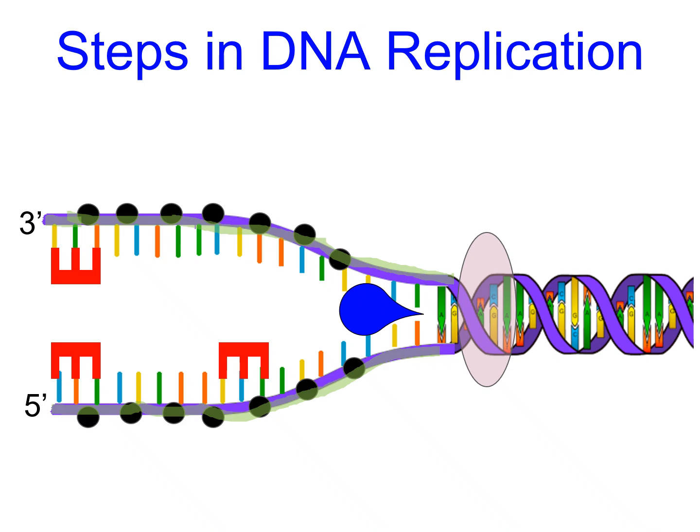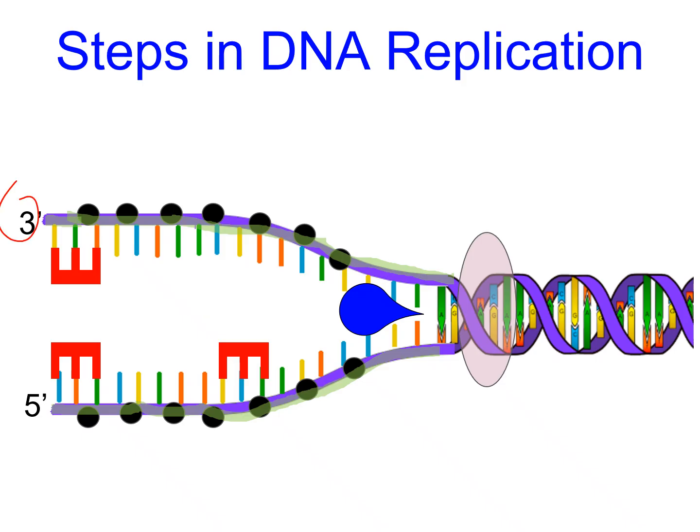Now, the next thing we need to identify is which strand is running 3 to 5 and which strand is running 5 to 3. Key things here. This strand right here is running 3 to 5.